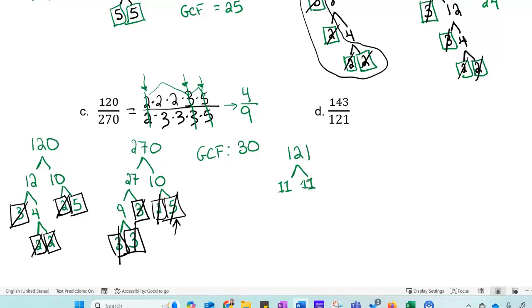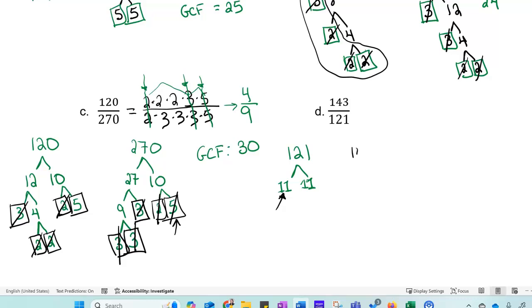Well, that means that if something can reduce with the 143, it has to be an 11. If it's not an 11, there's nothing that can be reduced, right? So instead of going through 143 and starting at 2, right, divide by 3, divide by 4, instead I'm going to take this factor and see if it goes into 143.